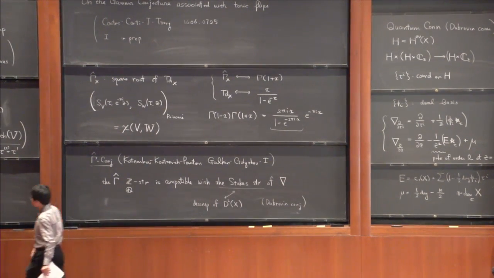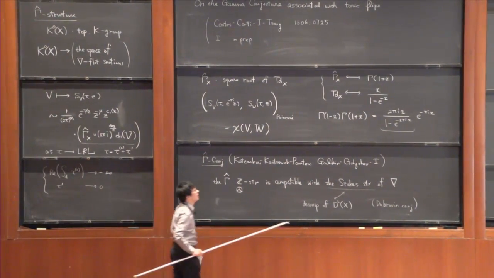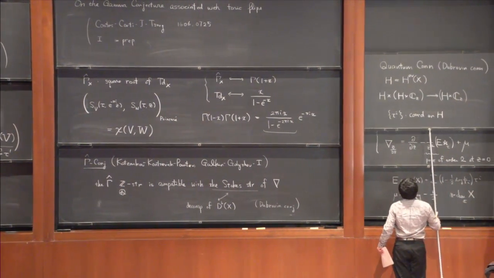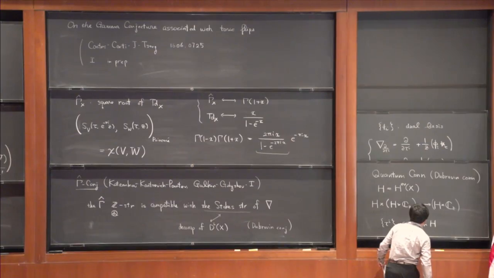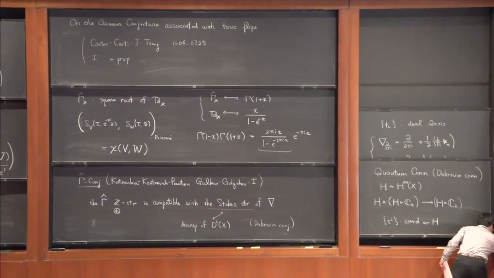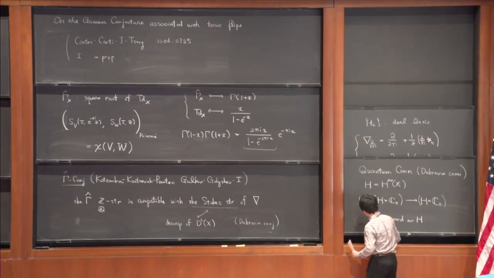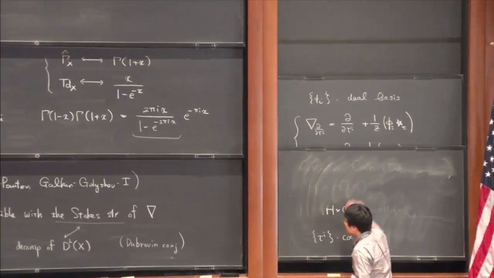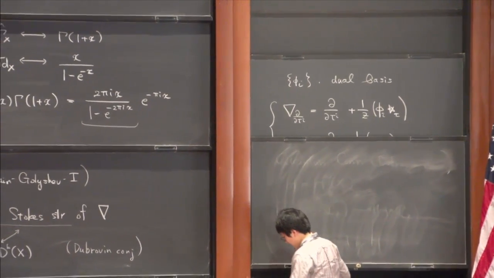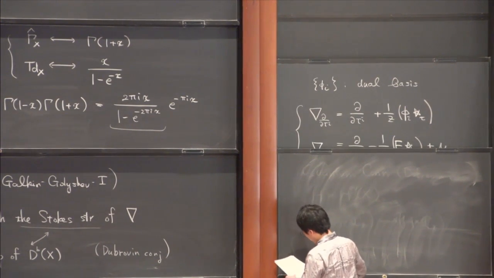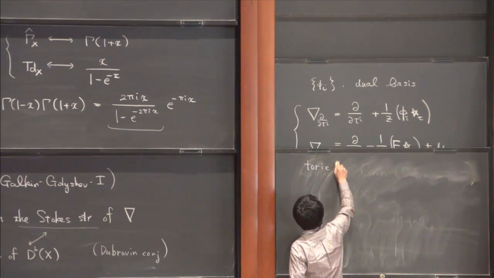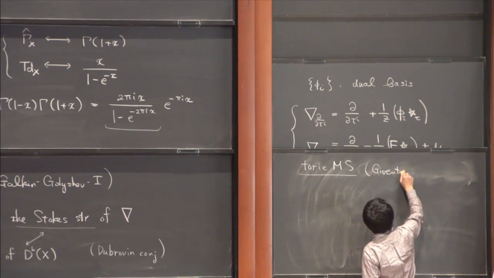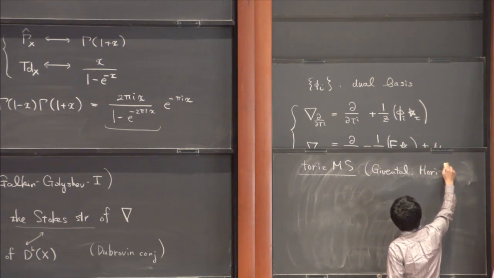The toric case is well-known mirror symmetry due to Givental and also Hori-Vafa and many others.